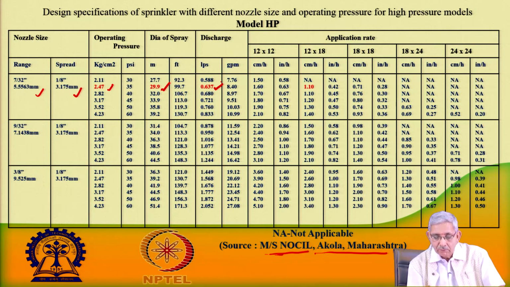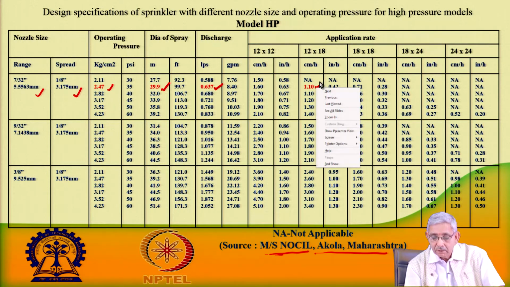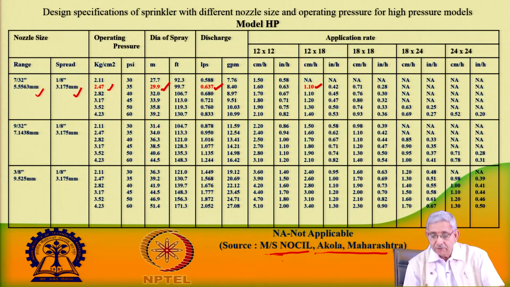We have been given the spacing of sprinklers along the main, 18 meter, and along the lateral, 12 meter. So, this will be delivering water at the rate of 1.1 centimeter per hour.